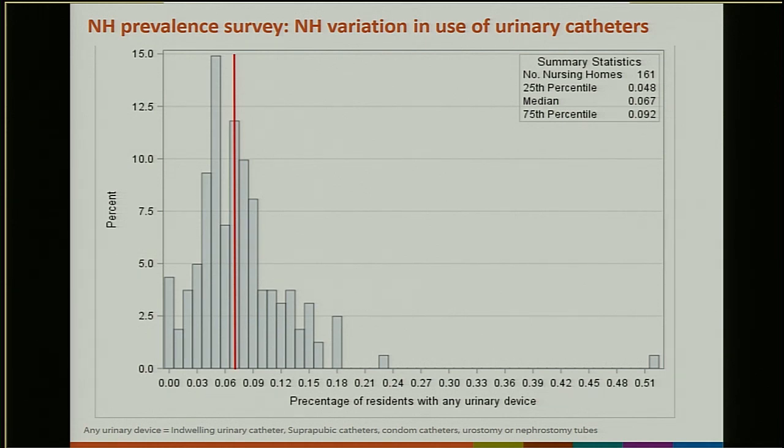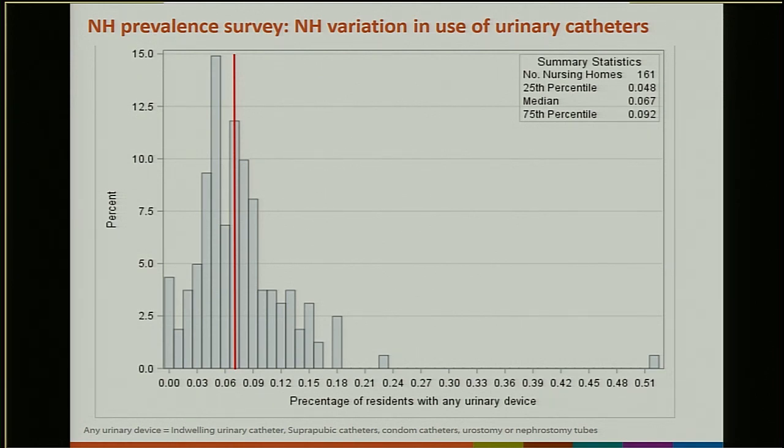And one of the observations that we made is when we look at all 161 nursing homes that participated in the point prevalence survey, we can see that there's some quite big differences in how likely it was that nursing home residents in your facility had an indwelling urinary catheter present. And so you can see, using this figure here, that the median percentage of residents with a urinary catheter was 6.7.